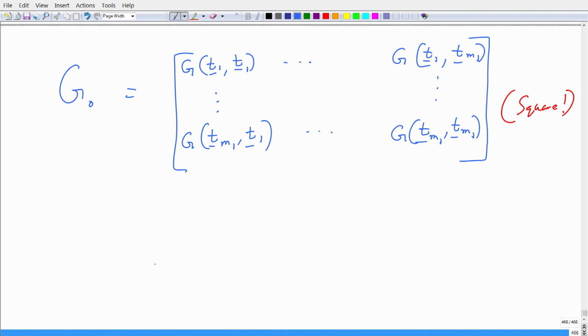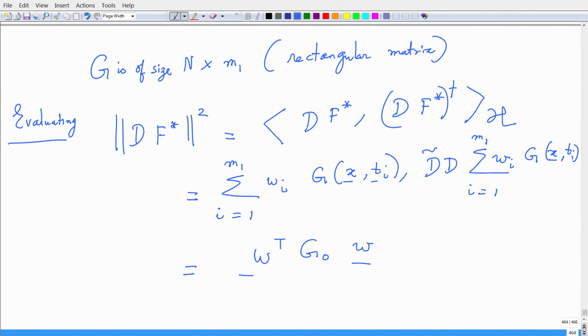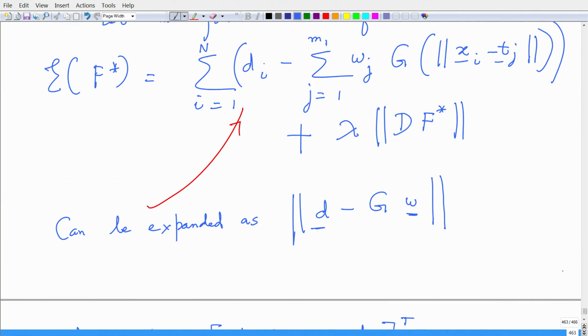So, now we have two terms here which we have expanded in matrix form. The regularity constraints correspond to this quadratic form which is w transpose G naught times w, and your approximation error can be expanded as the Euclidean norm of d minus Gw.